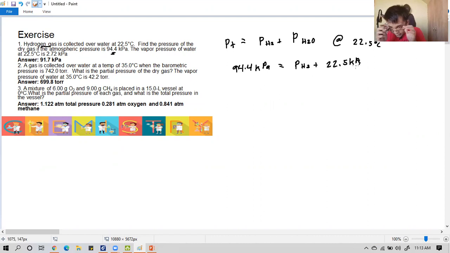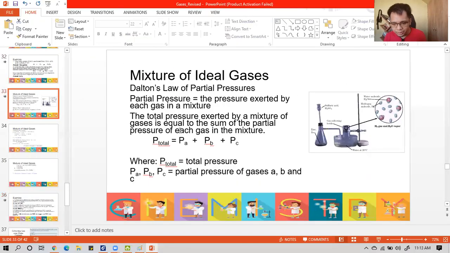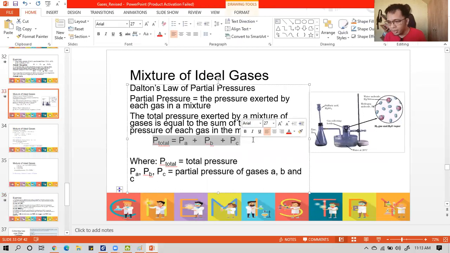So, ang gagawin nyo lang dito, guys, is transpose mo to sa kabila, so magiging negative. So that you can get the pressure of the hydrogen gas, which is 94.4 kilopascal minus 2.72 kilopascal. Magma-minus ka lang, parang ang dali, di ba? And by the way, this is just a level 1 of our computations here, kaya huwag kayong makampante. Okay? So, ang ginamit ko lang na equation dito is the equation 1, which is the P total and the pressure of whatever gas present.